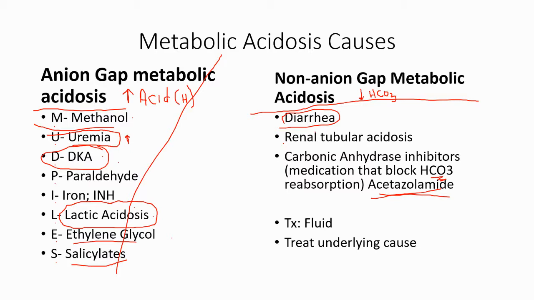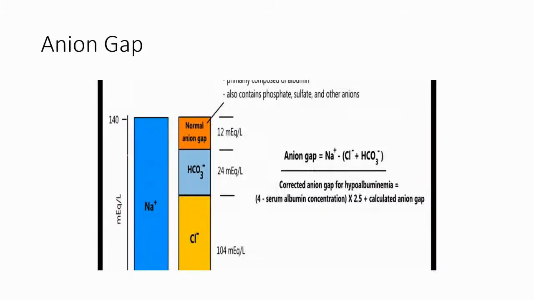So again, you need to think about the next step when you see that metabolic acidosis on your BMP. Treatment is to treat the underlying cause. There are multiple causes. Generally, if there's some kind of poisoning, we can go ahead and give some fluids. DKA patients are very dehydrated. We'll talk about treatments for those coming up.